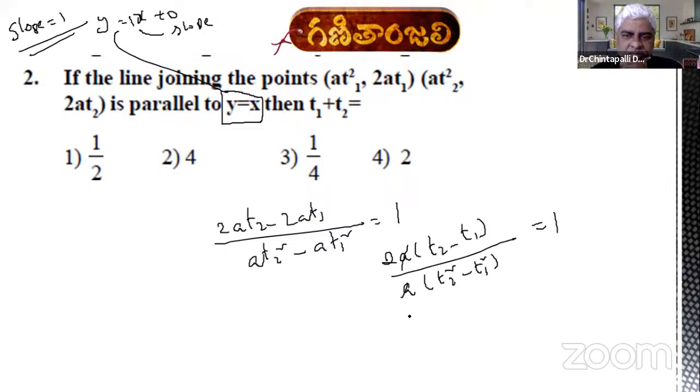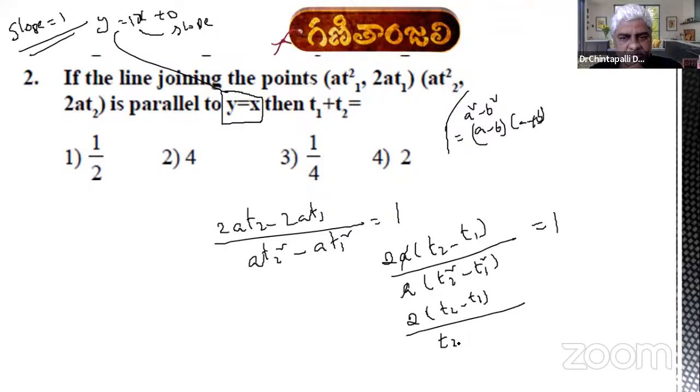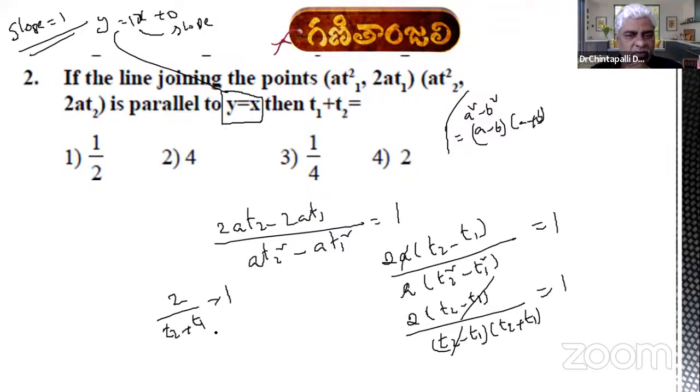Right? 2 times t2 minus t1 by t2 squared minus t1 squared. What's the formula for that? a squared minus b squared is a minus b times a plus b, right? So t2 minus t1 times t2 plus t1. Cancelling, 2 by t2 plus t1 equals 1. By cross multiplication, 2 is equal to t2 plus t1. Yeah, that's why option 4 is correct.